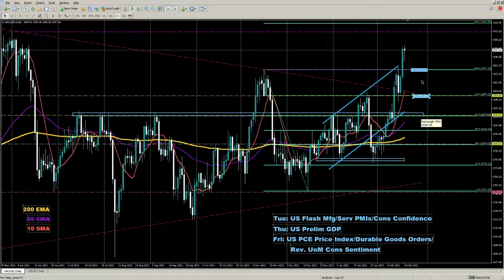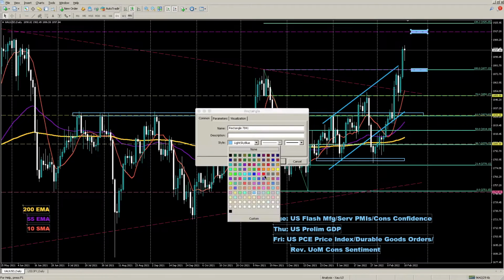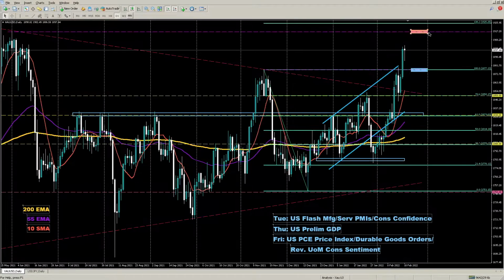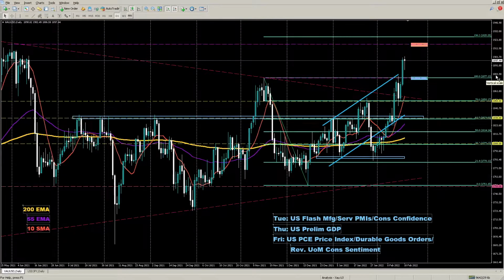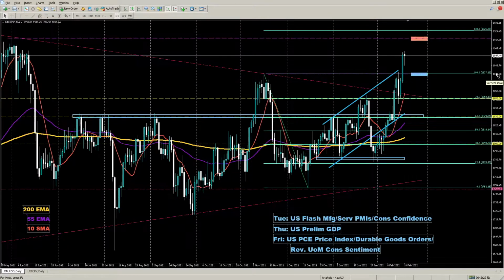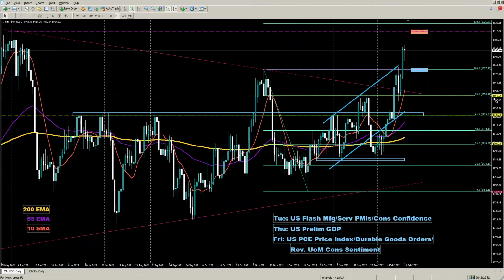Can move this up here to our resistance at the 1916. So it needs to punch through the 1916 just to hit the 138 Fib extension of this bigger time frame reversal to 1925.25. So we'll see if it's able to get there.